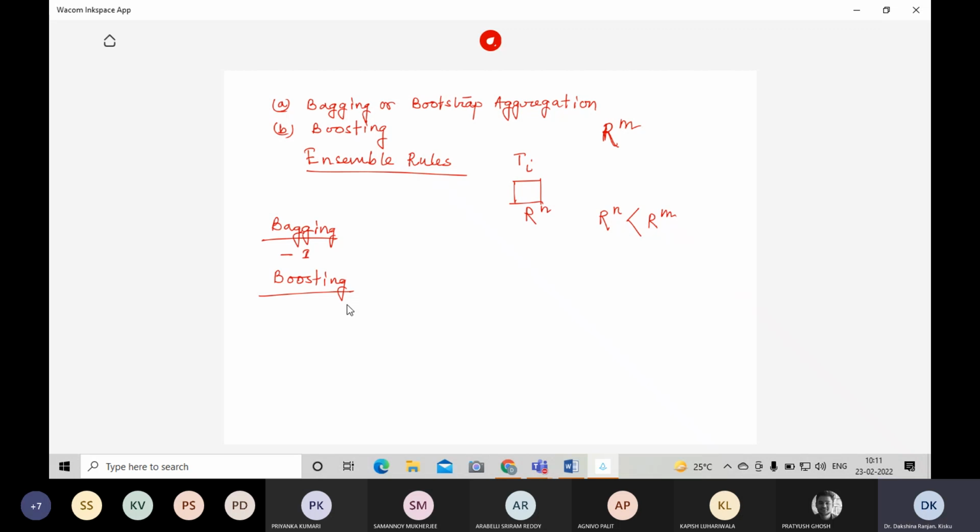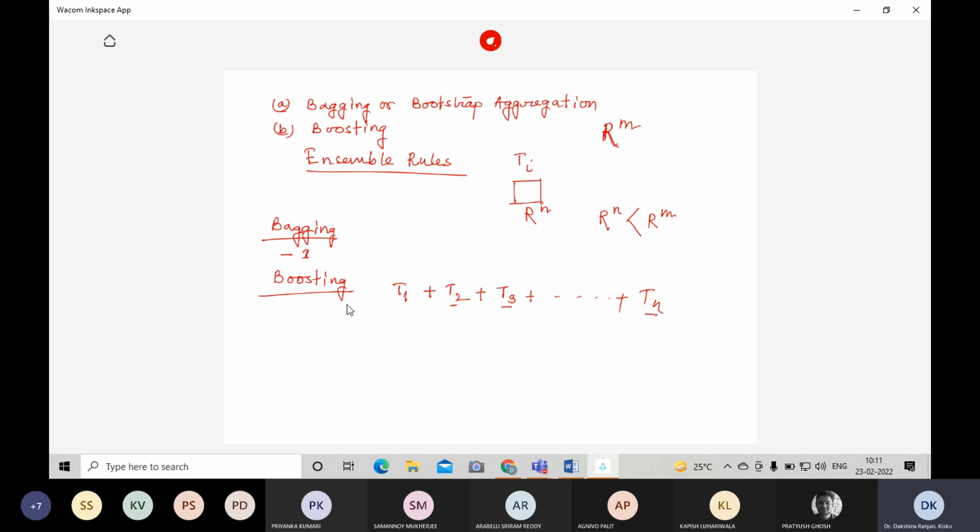Since bagging works in parallel and boosting works sequentially, when it is presented sequentially we can have T1, T2, T3, and Tn. Here T1 represents the first decision tree, T2 the second decision tree, T3 the third decision tree, and Tn is the last decision tree.